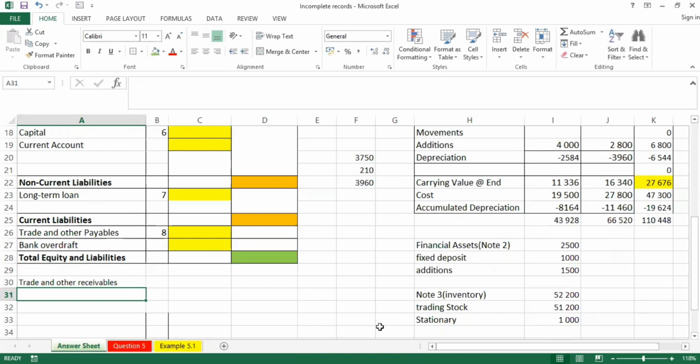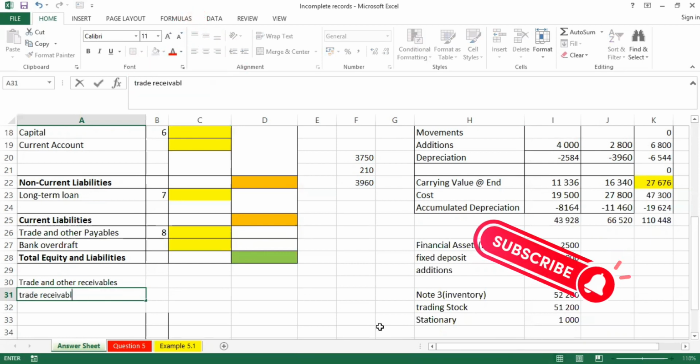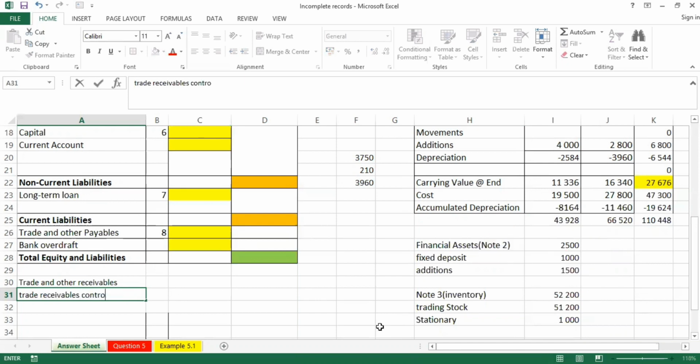We have our trade receivables control. And then we also have what?